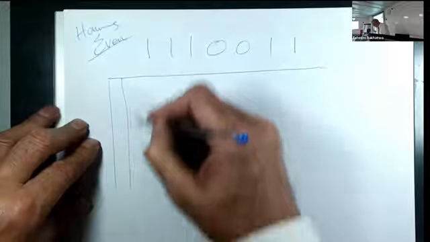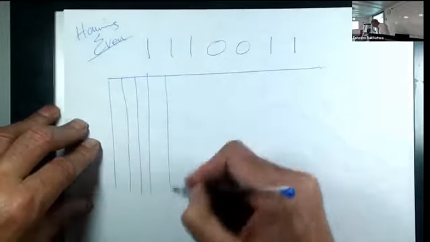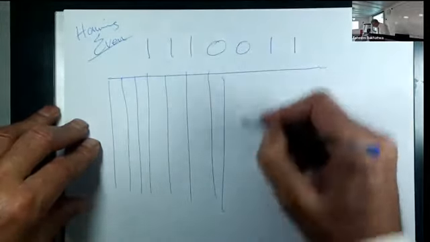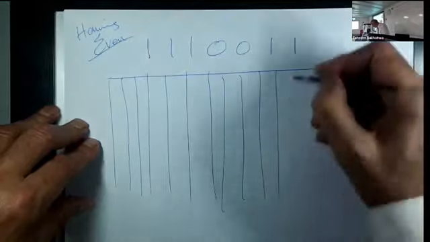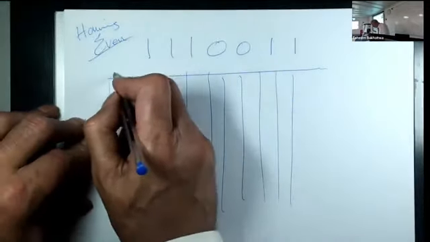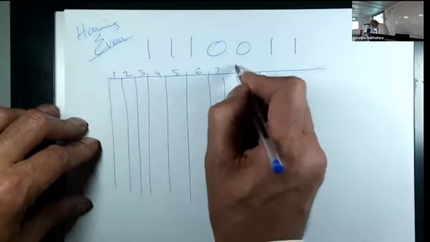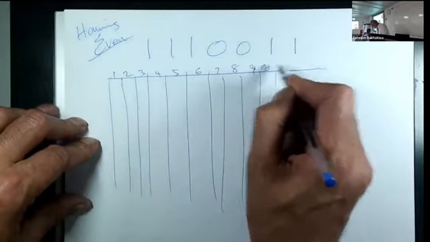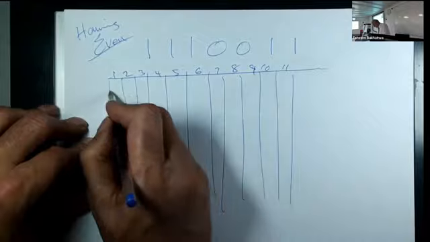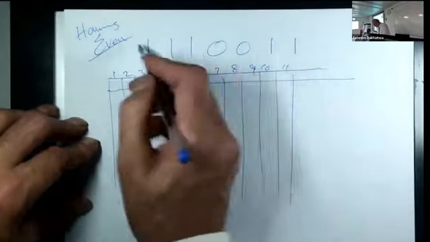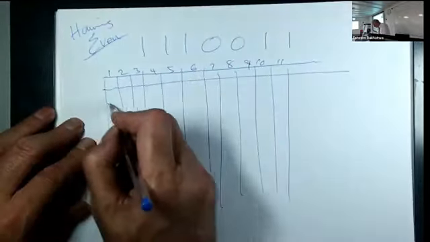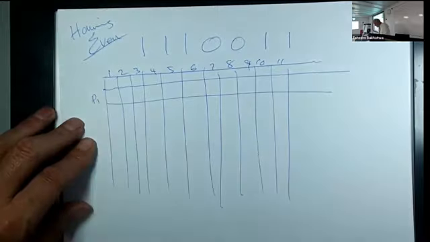I said make a table 1, 2, 3, 4, 5, 6, 7, 8, 9, 10, 11, and so on. So I'm going to number them 1 to 12. I'm going to write the data that I have here, and then work out what's for parity 1.